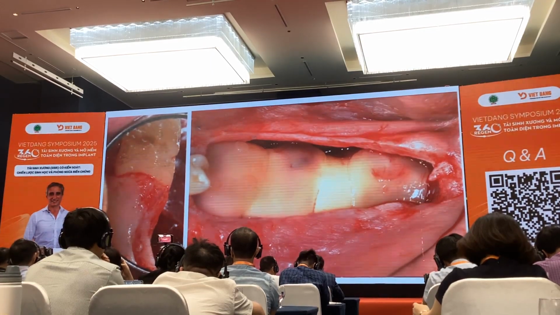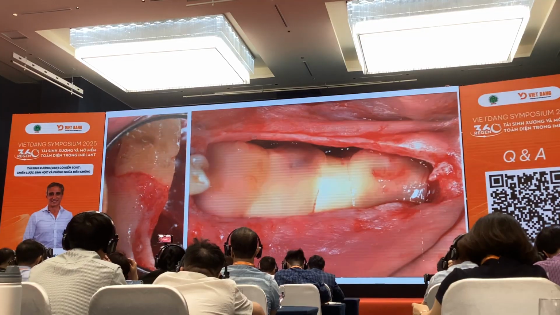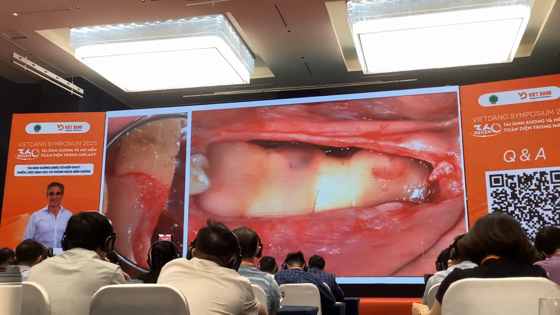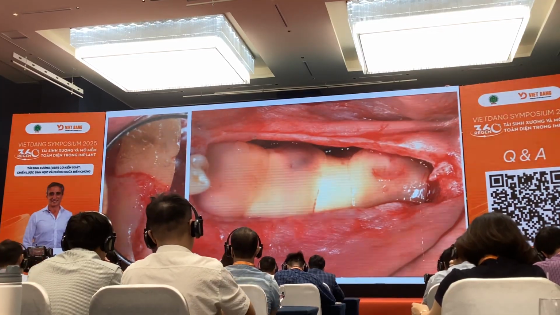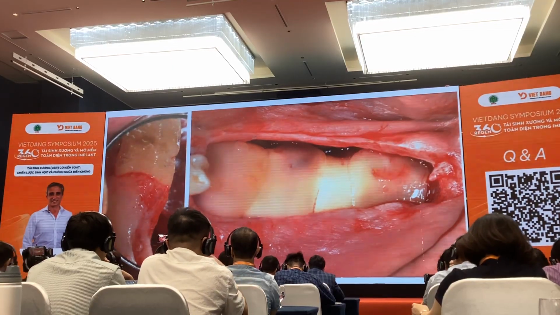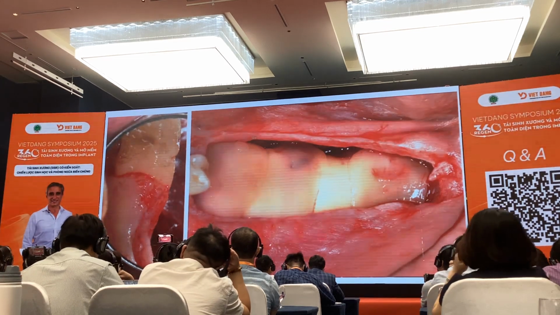Perfect closure of the flaps, and after 2 weeks, infection. But then I understood that I had to work on this concept, obtain the biological seal, not mechanical seal.